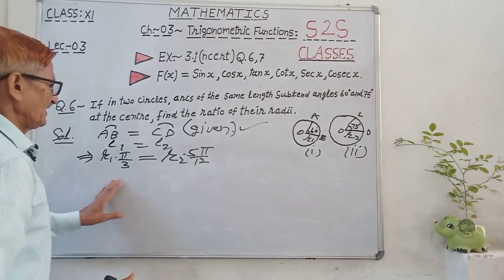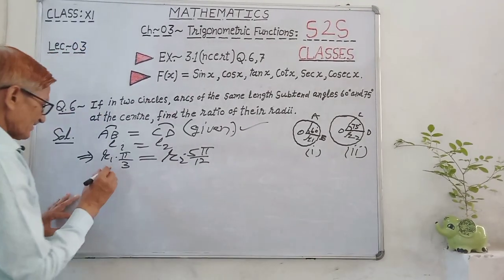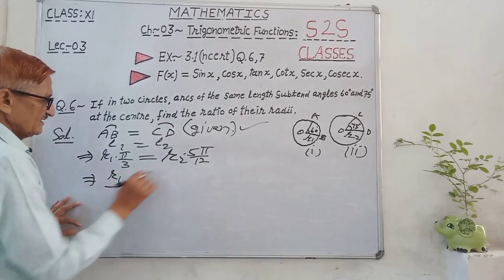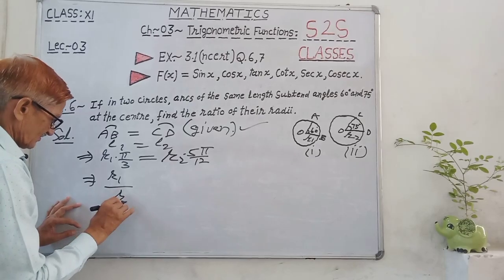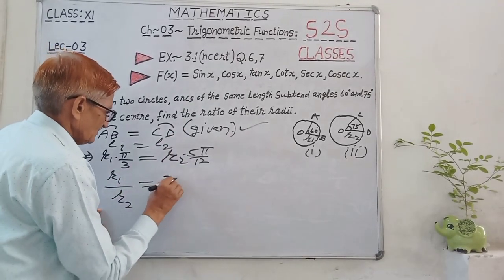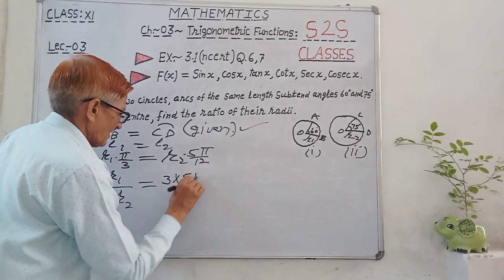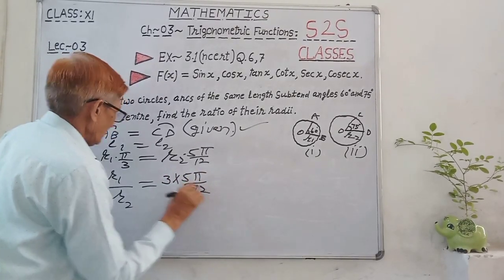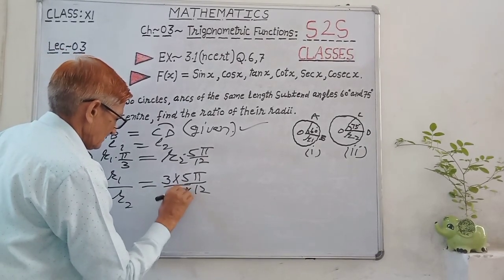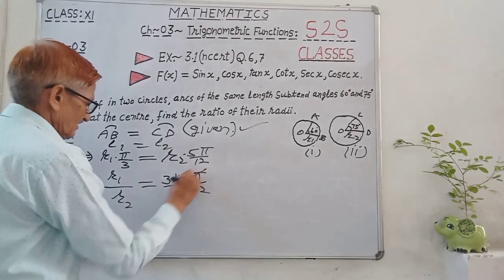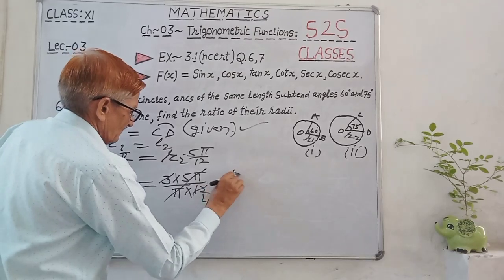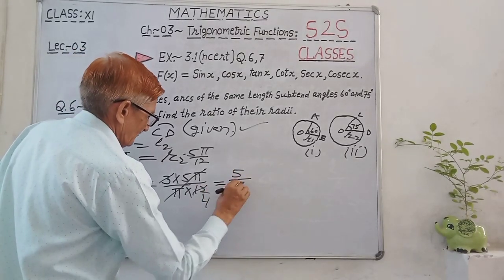Find the ratio of their radii. Okay, so now the ratio of their radii we have to find. So R1 and multiply will come R2 in divide, and this 3 will go up, 3 into 5 pi by 12, and pi will come down into pi. Okay, simplify, pi cancels, 3 4s are 12, then 5 upon 4.